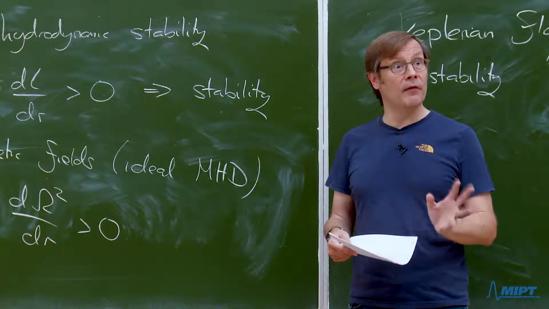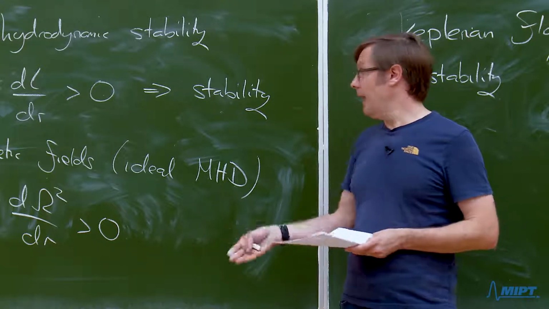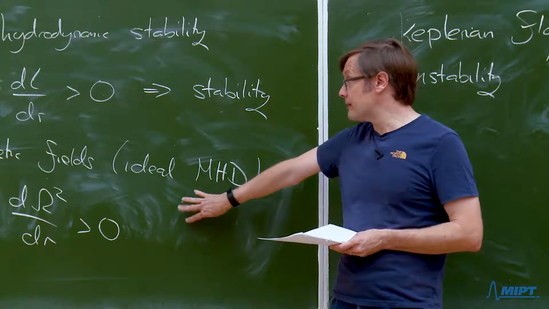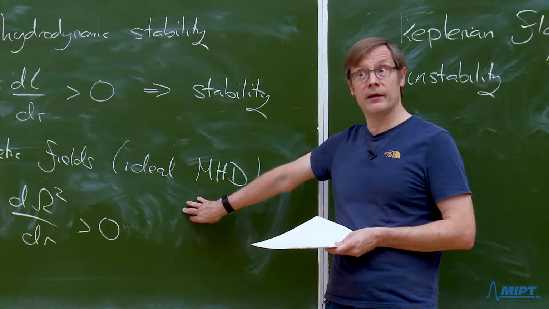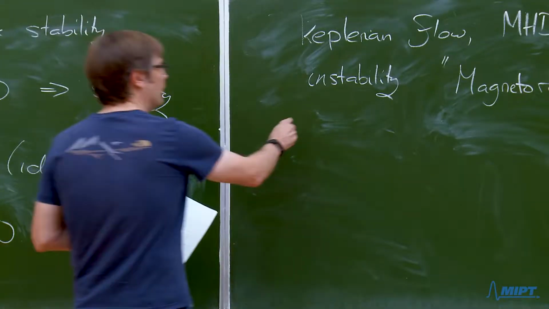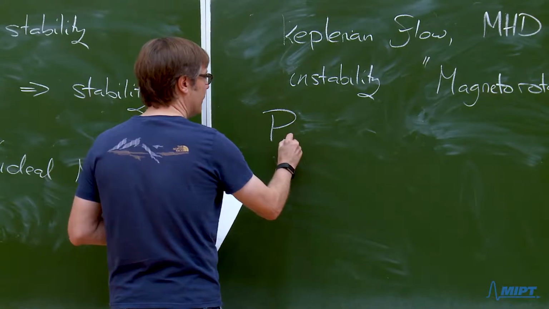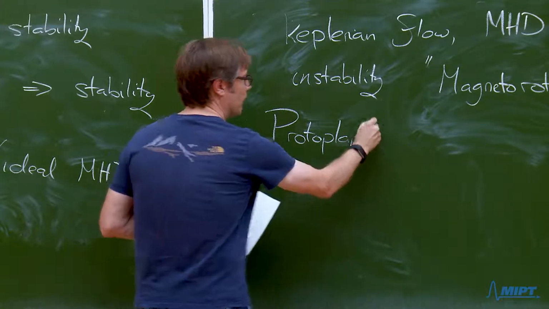So the role of the non-ideal MHD terms is very strongly dominant, and so those may in fact suppress this magneto-rotational instability and change the stability criteria quite substantially. So for protoplanetary disks, that's the main concern, or the main issue.